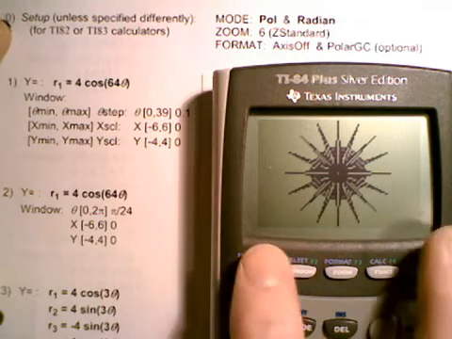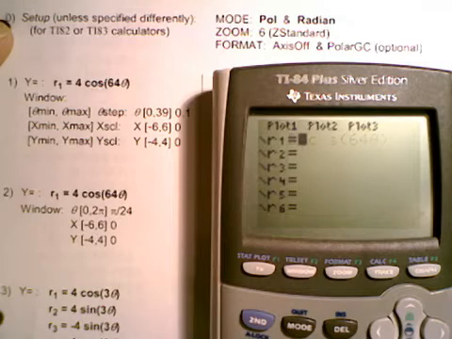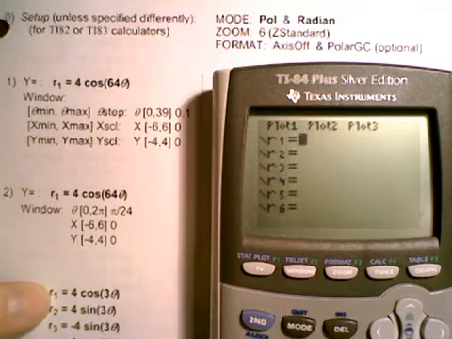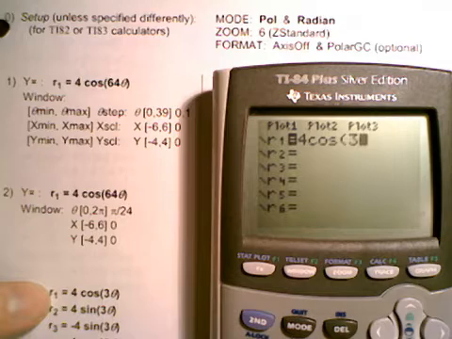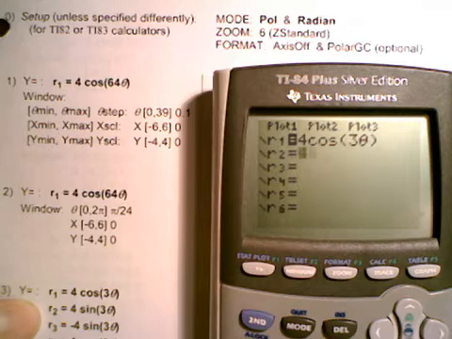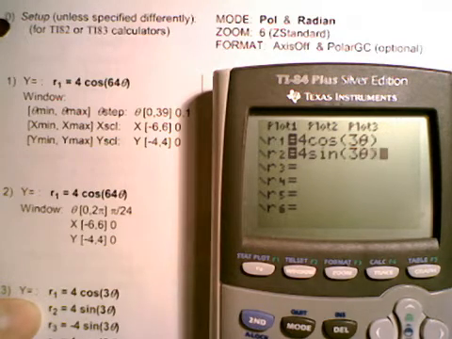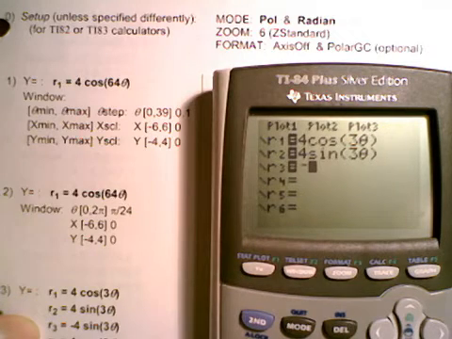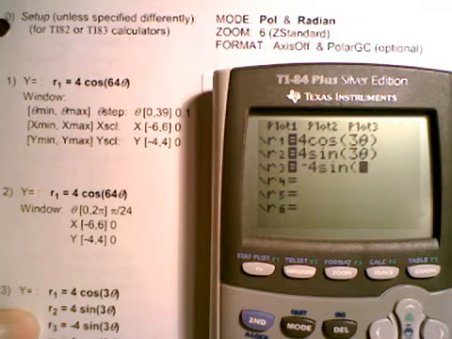Okay, let's go back in. Y equals 4 times the cosine of 3 theta. Okay, and let's do R2, 4 times the sine of 3 theta. And then R3 is negative 4 times the sine of 3 theta.